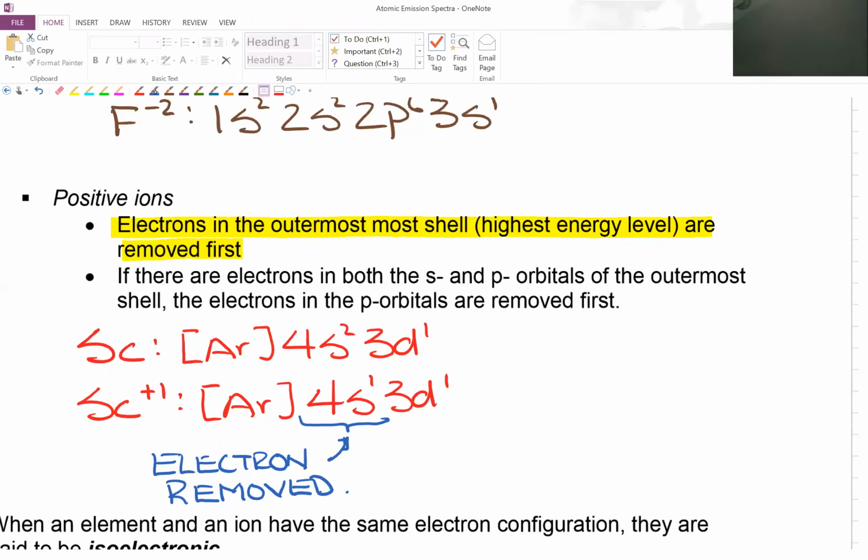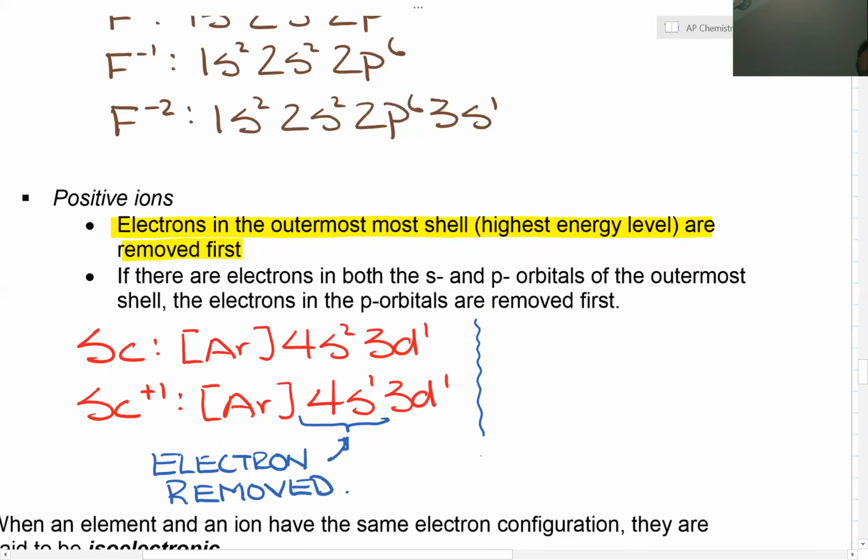Now, what do I mean by the other one? If electrons are in the s and p. Let's say we had aluminum, which is neon, 3s2, 3p1.